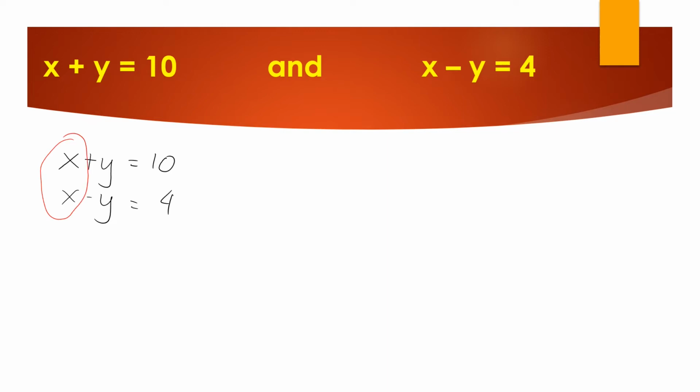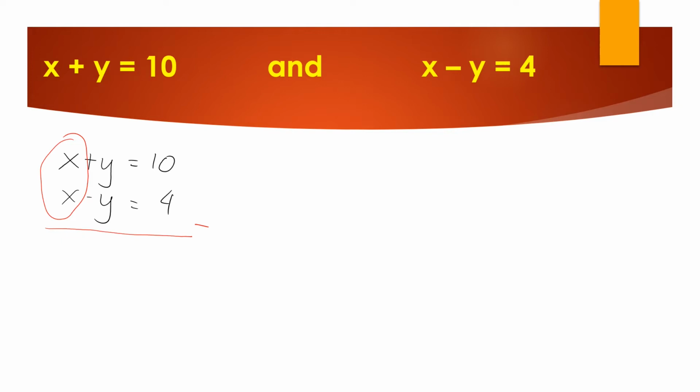you need to subtract x like this. But when you subtract, don't subtract only the x, but subtract also the y. For example, x minus x equals 0, there is no x.